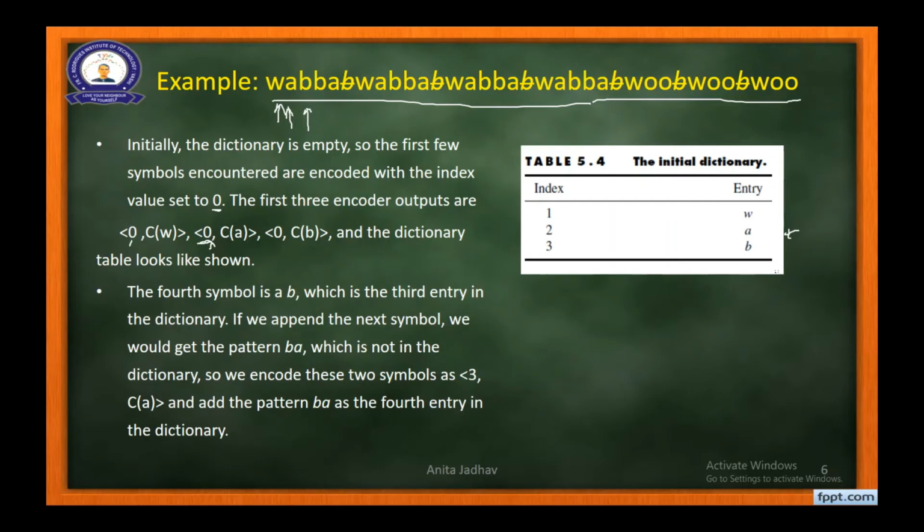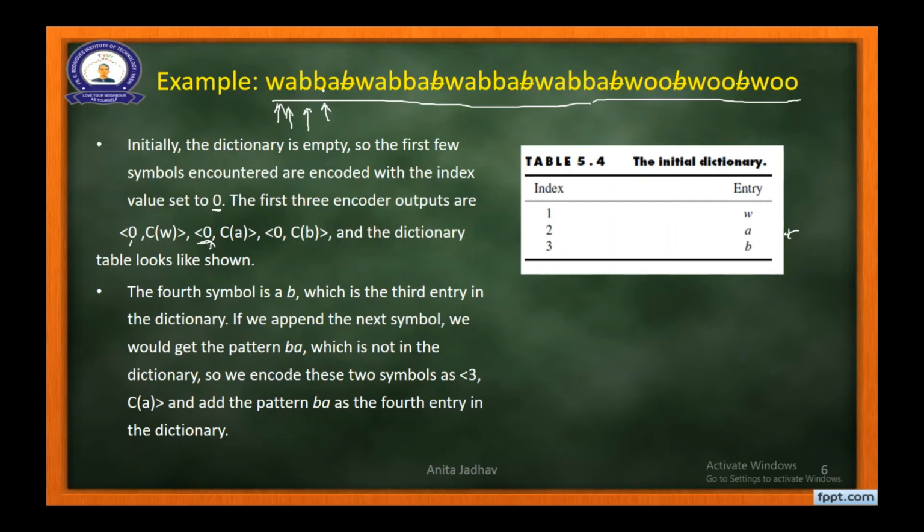Now when we see the fourth symbol, it is B, which is already there in the dictionary. It is in the third entry in the dictionary. So we append the next symbol, and we get the pattern BA.